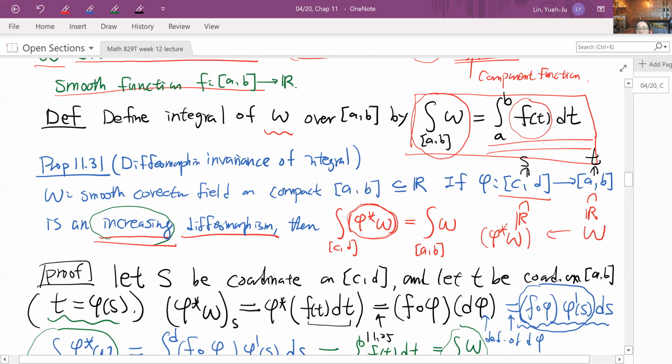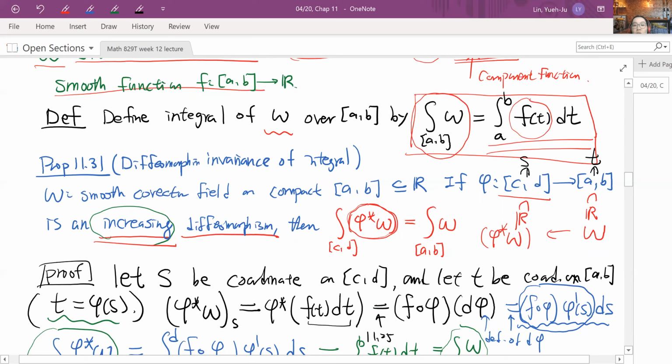And the way we define the pullback of omega is actually nice, so it fits the integration here. Okay, so this is the first important thing, because we definitely need this later on to make the definition on a manifold well defined.